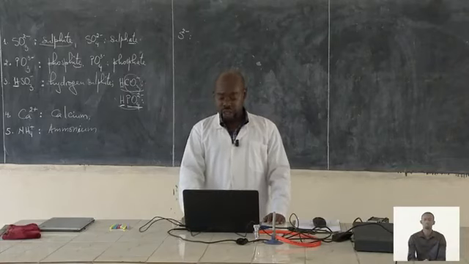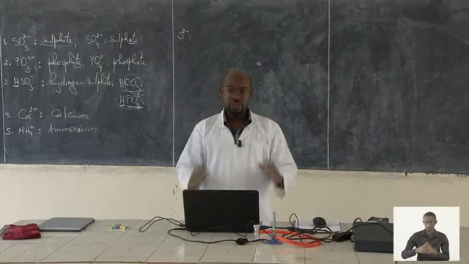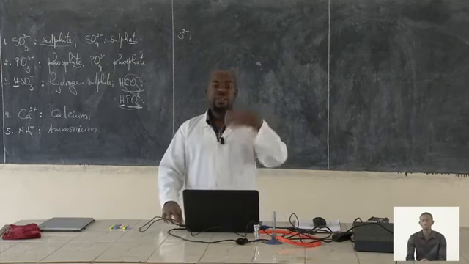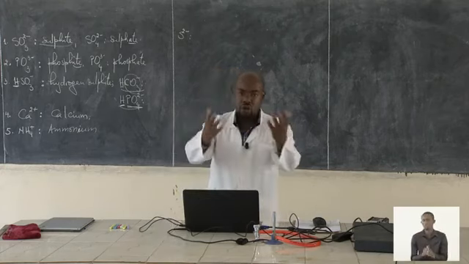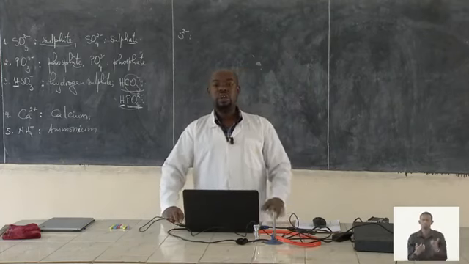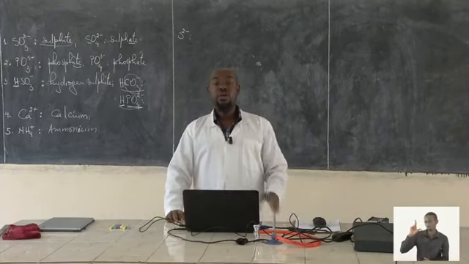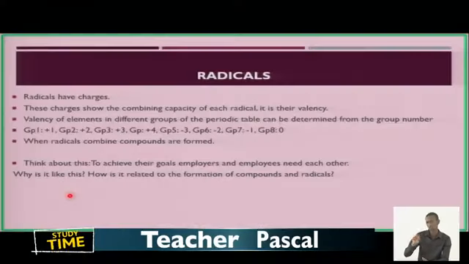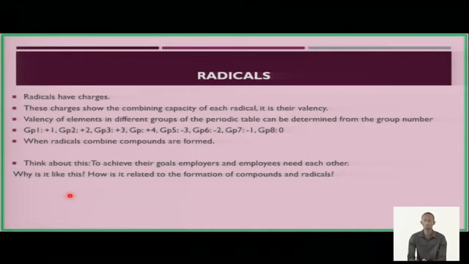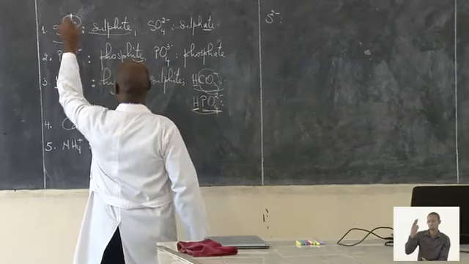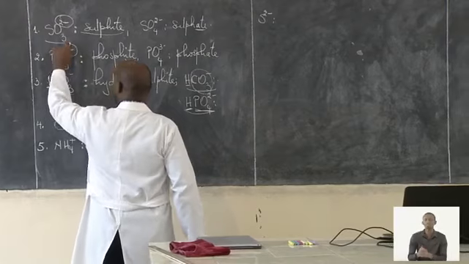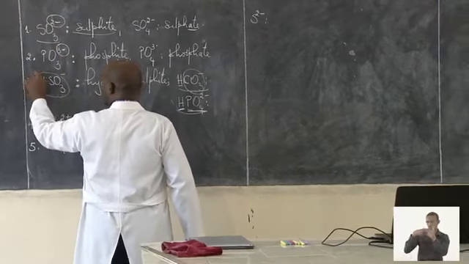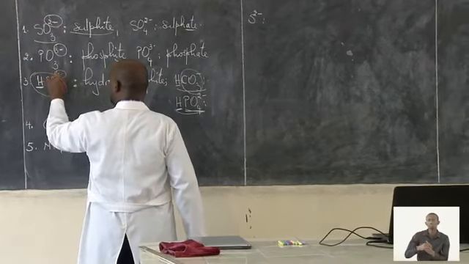So let us go to the next slide, and we recall some of the characteristics of radicals. We have seen that radicals have charges. For example, this one, the sulfide ion, it has 2 negative, sorry, here we have 3 negative, and the hydrogen sulfide, we have 1 negative.